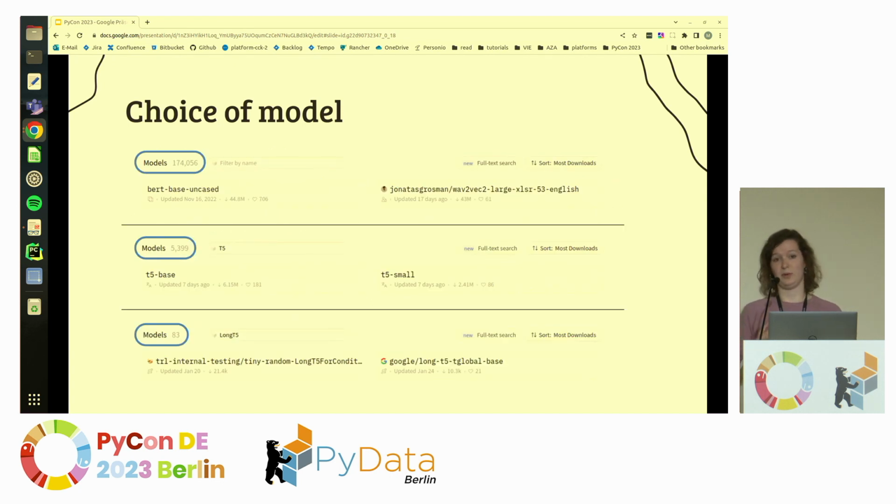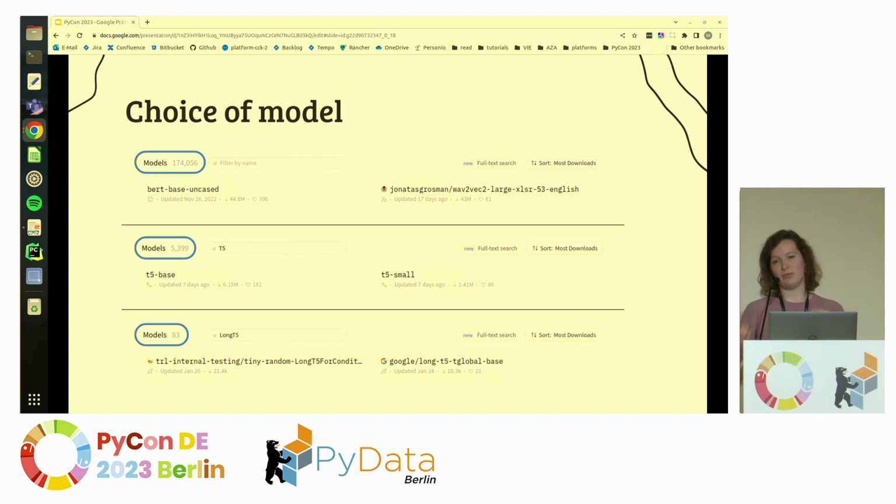Of course, if you want to pay attention to choosing models with relative position embeddings and all that, you're a bit limited in your choice of models. So on the very top here, you can see the whole Hugging Face hub has more than 100,000 models to choose from. If you limit it to, let's say, T5, because you want T5's relative position embeddings, then you can still choose from 5,000 models.